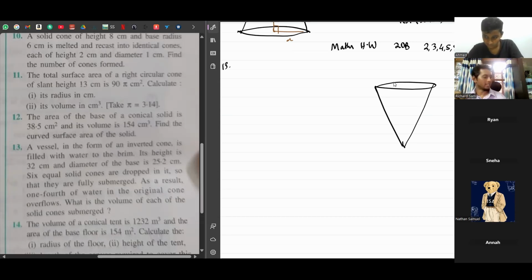Okay, 6 cones. But inside from the cone, how much water came out? 1/4. See, as a result, 1/4 of the water in the original cone overflows. Okay, so that means what? What statement can we come up with this?